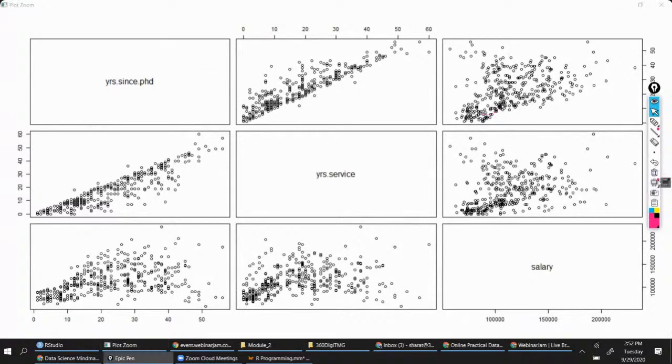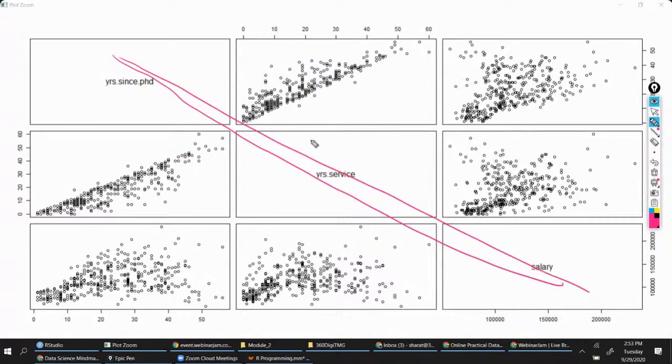On the diagonal, you can see it is just representing the names. Now, how do we read this visualization? If I take the visualizations on the top of this particular diagonal, this is the x-axis where I have years of service plotted. This years since PhD is the y-axis.